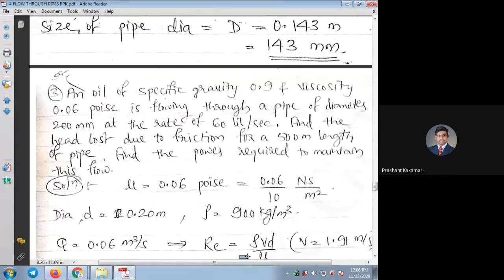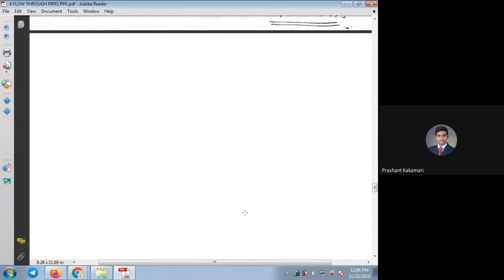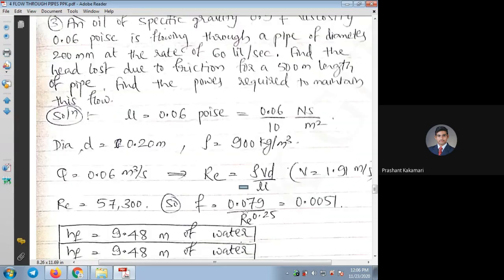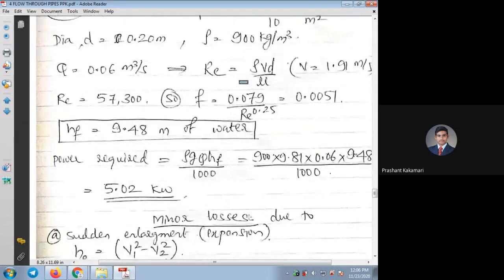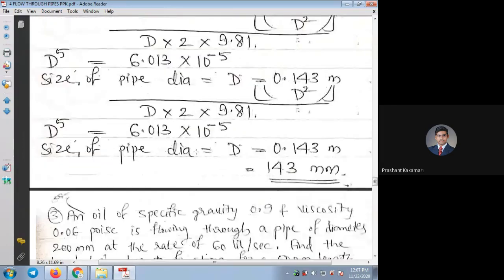Now coming back to these steps. First we can recall the Darcy-Weisbach equation, that is 4FLV square by 2gD. To find the HF, we use 4FLV square by 2gD. In that, what all things are known?